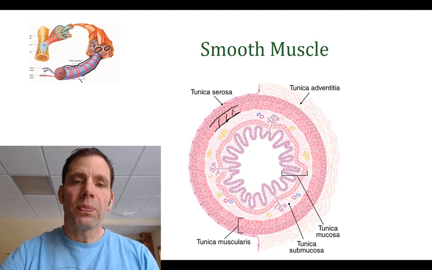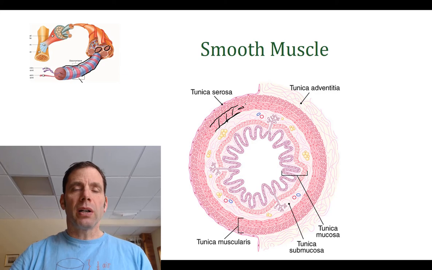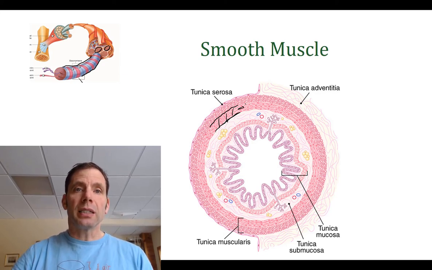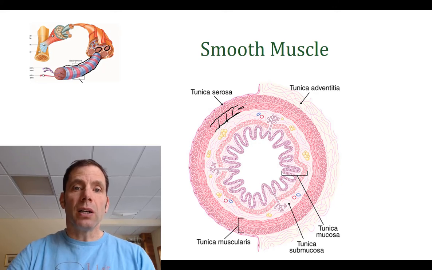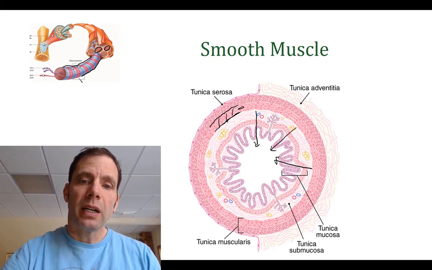So you can see these individual smooth muscle cells oriented in a circular fashion. When each of those muscle cells contracts, the entire volume of the cell shrinks. What this means is when the smooth muscle contracts, the diameter of that hollow organ will decrease.